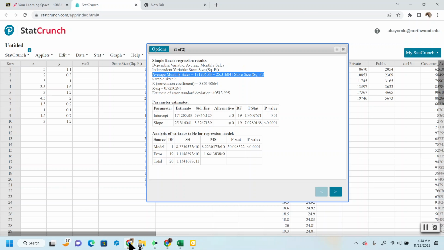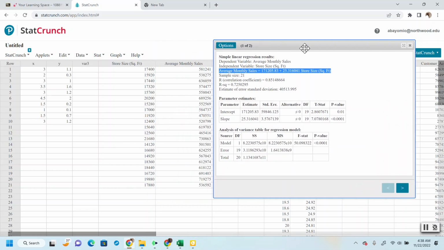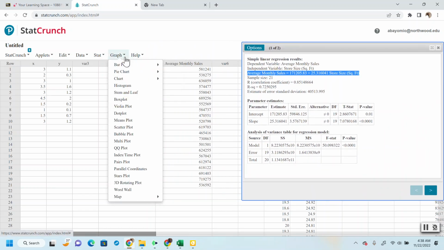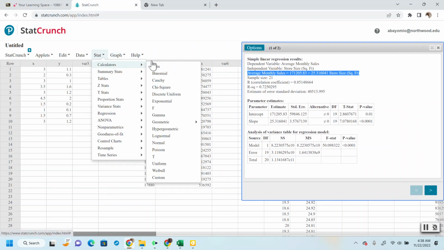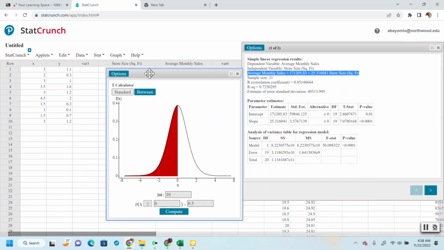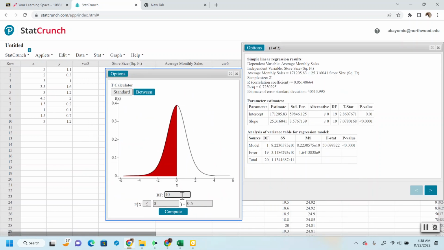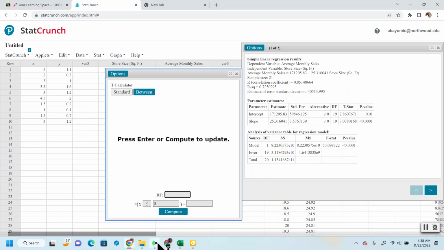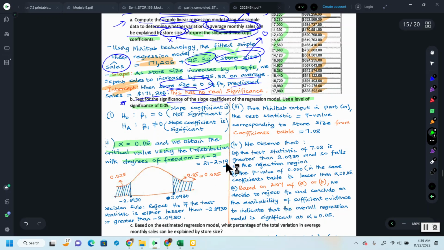So let me go back in here. I'm going to put this aside and go to Stat, go to Calculators, go to the t-distribution. And for the t-distribution here, what's my degree of freedom? First of all, in this question, my degree of freedom is 19. And since it's a two-tailed test, 5% here, which is our alpha, breaks into 2.